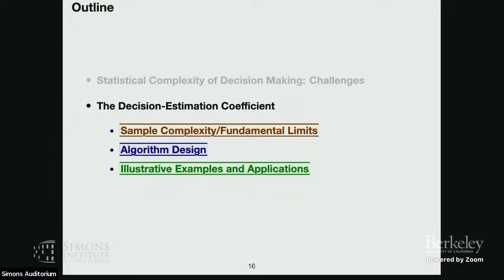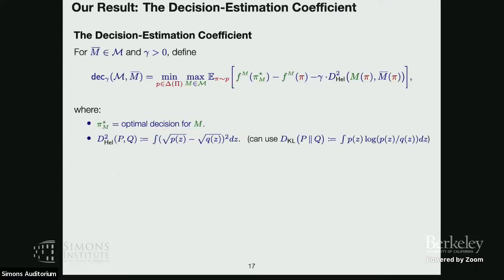This complexity measure we call the decision estimation coefficient, and I'm displaying it right here. There are many moving parts, but we're going to walk through this step by step and build some intuition for what's going on. This decision estimation coefficient, or the DEC for short, is going to have 3 parameters.